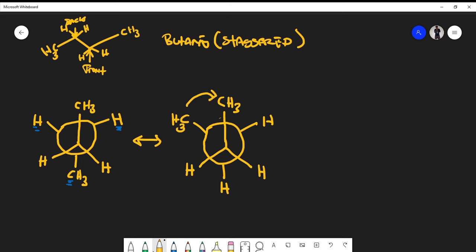Notice that these CH3s are kind of close to each other, right? Look at the difference between the Newman projection on the right versus the left. The CH3s are opposite each other, where here they're within 60 degrees of each other.